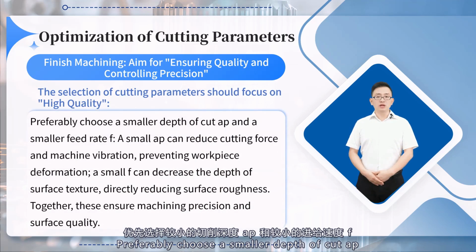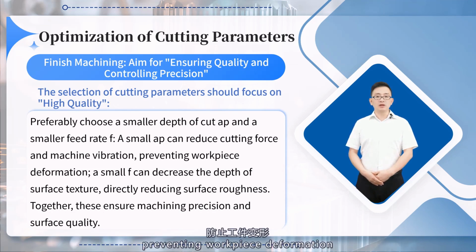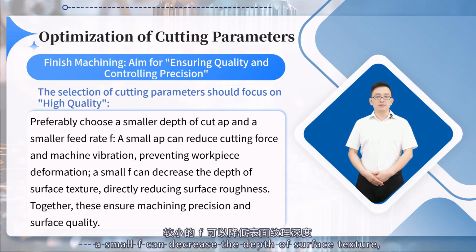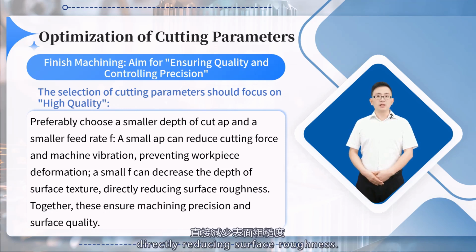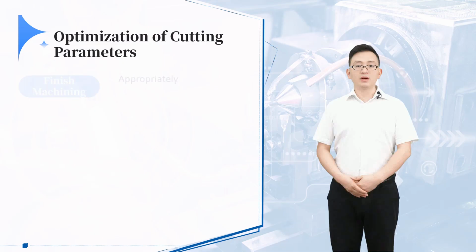Preferably, choose a smaller depth of cut AP and a smaller feed rate F. A small AP can reduce cutting force and machine vibration, preventing workpiece deformation. A small F can decrease the depth of surface texture, directly reducing surface roughness. Together, these ensure machining precision and surface quality.